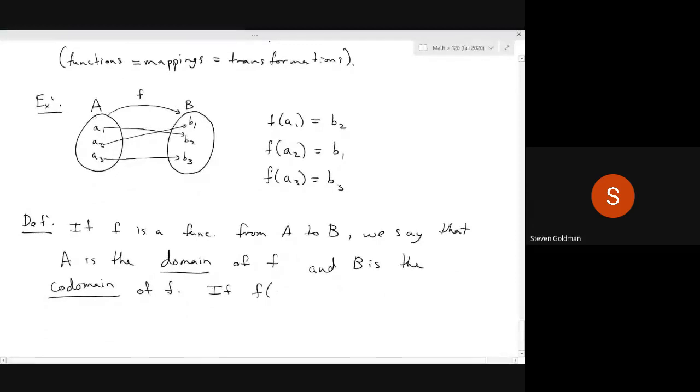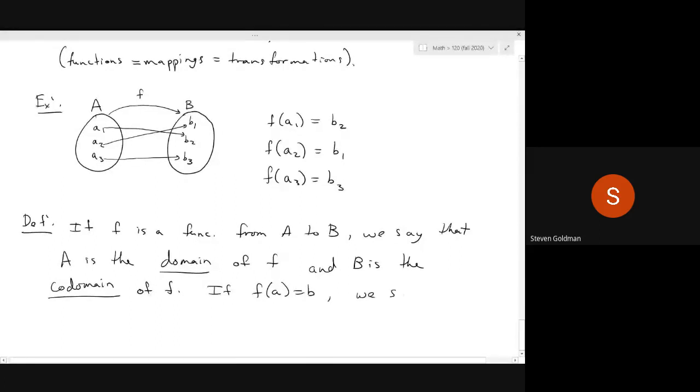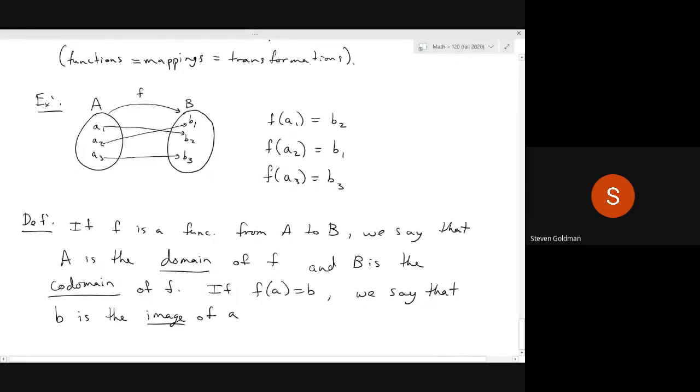If f of a equals b, where a is from the set A and b is from the set B, a and b also have special names. We say that b is the image of a, and a is a pre-image of b.